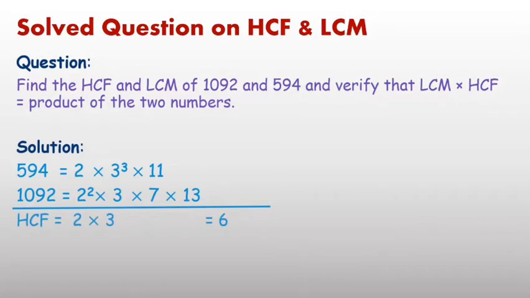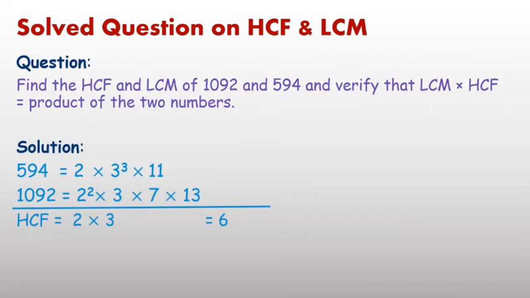Now, since we have to find the HCF, first we check common factors in both the numbers. The common prime factors in both numbers are 2 and 3. Then apply the lowest power of the common prime factor. For 2 the lowest power is 1, and for 3 the lowest power is also 1.